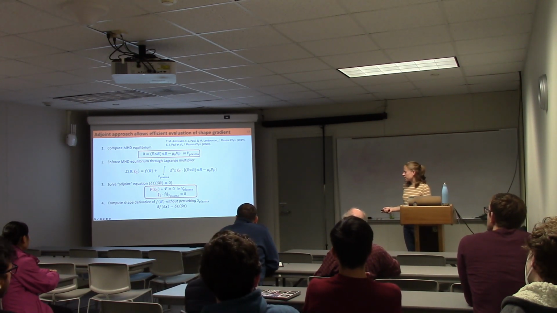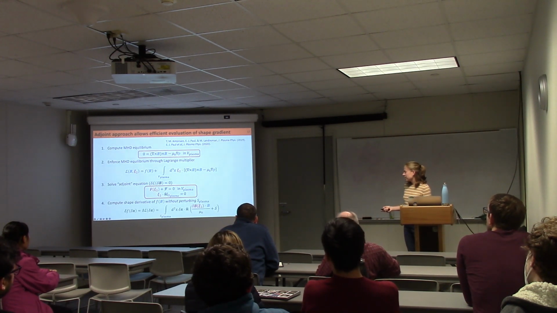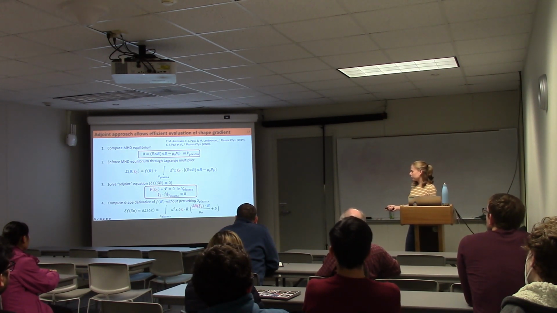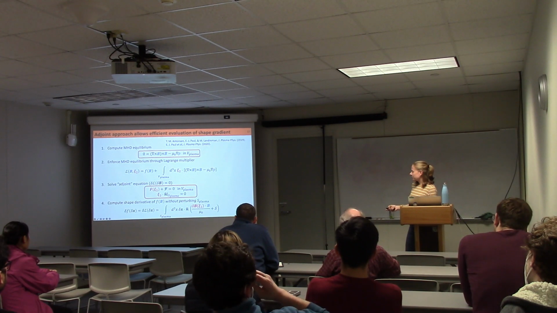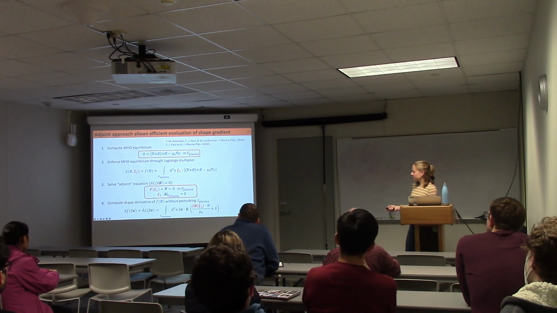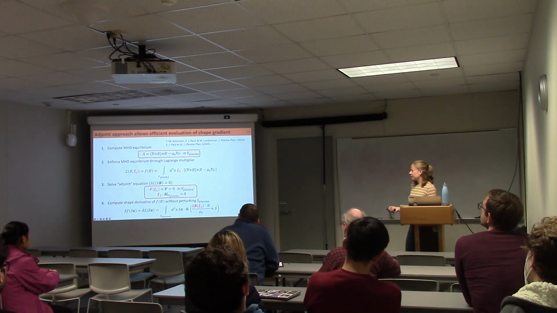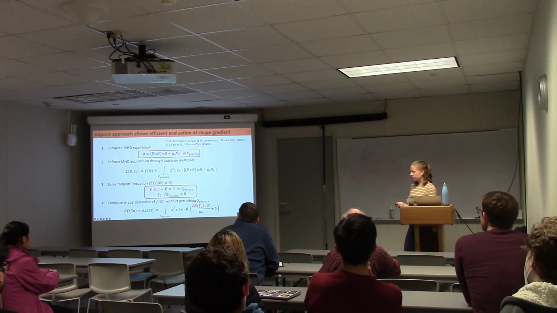We first know that the derivative of F is equal to the derivative of the Lagrangian. And we can write this derivative in a simple form that is just the integral over the plasma boundary with the normal component of the displacement. If you remember, this quantity in parentheses is our shape gradient. So essentially, we've defined an adjoint method that gives us our shape gradient with only two PDE solves.